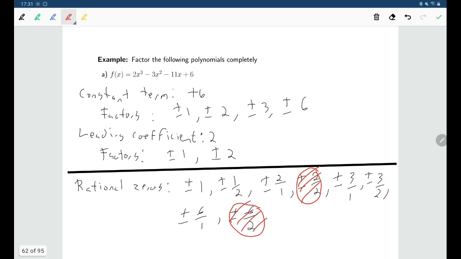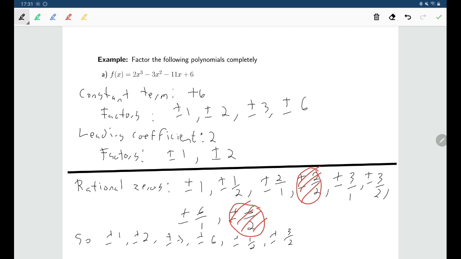So if we eliminate the duplicates, for rational zeros we've got positive or negative 1, positive or negative 2, positive or negative 3, positive or negative 6, there's a half, there's 3/2, and then that's it.